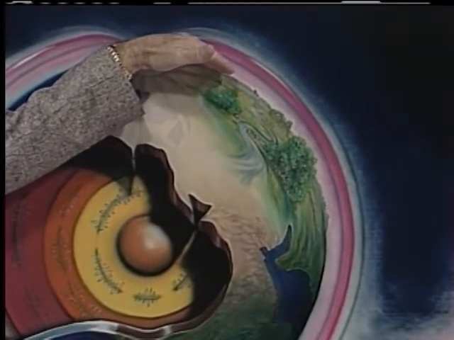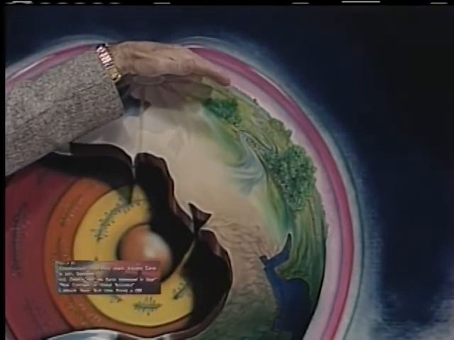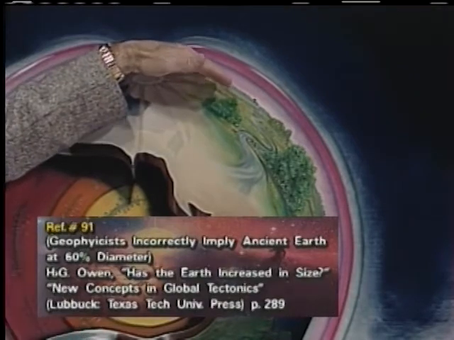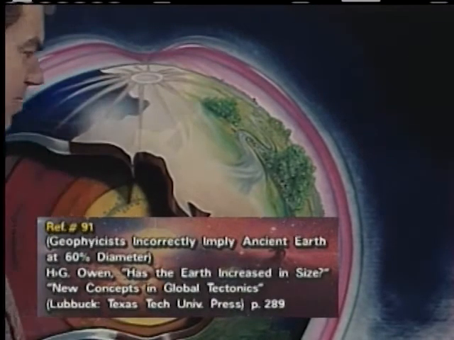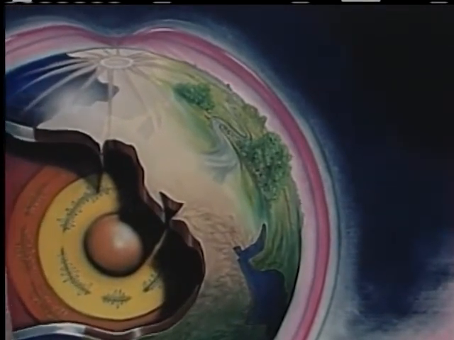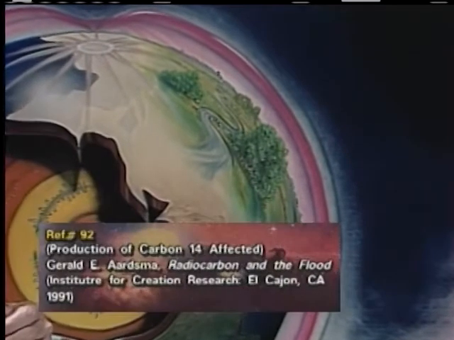Watch this. The earth had a slightly smaller diameter than we currently enjoy. We know that from studies in astrophysics and the fossil record. So imagine a diameter of the earth approximately 85 to 88 or 90% of its current diameter. That means the gravitational attraction will be a little greater.